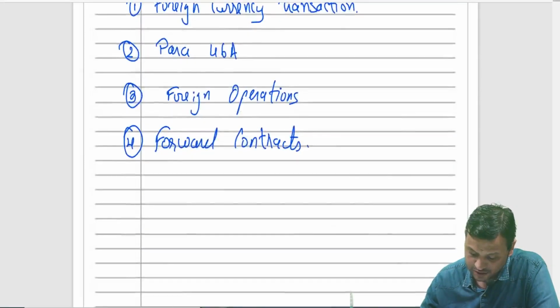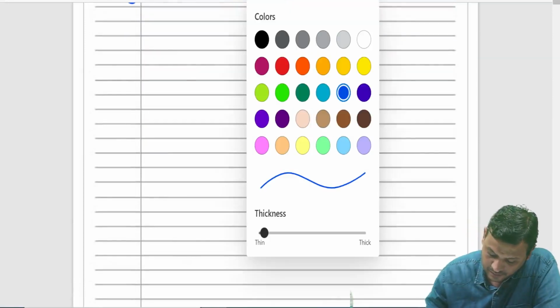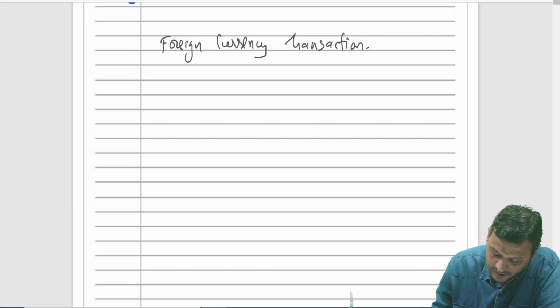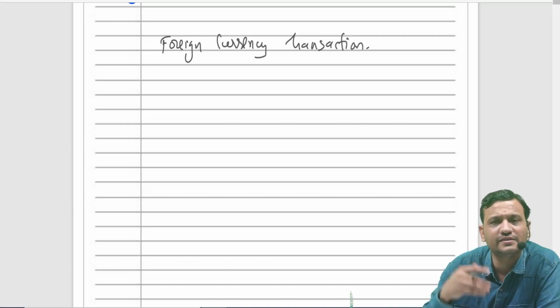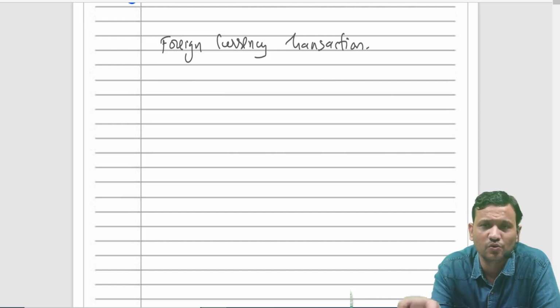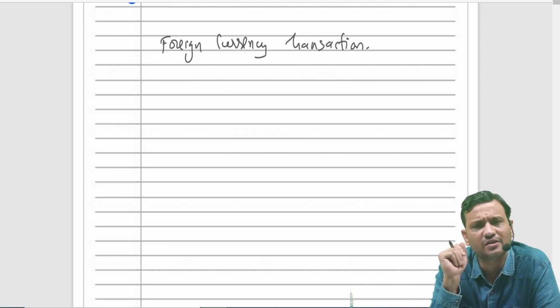Now see, my dear students, the first area is nothing but foreign currency transaction. So what does the standard say? You can enter into a foreign currency transaction like purchase of goods, sale of goods, rendering of services, hire of services, purchase and sale of fixed assets, loan taken, loan given. So many kinds of transactions can be done.